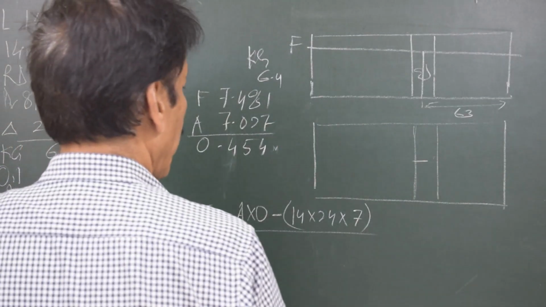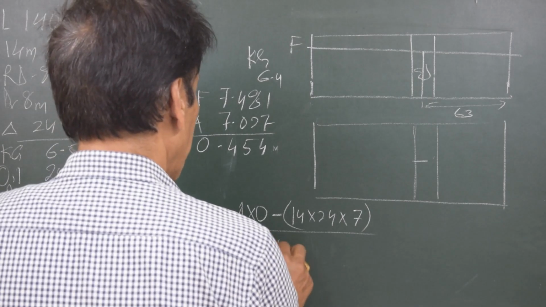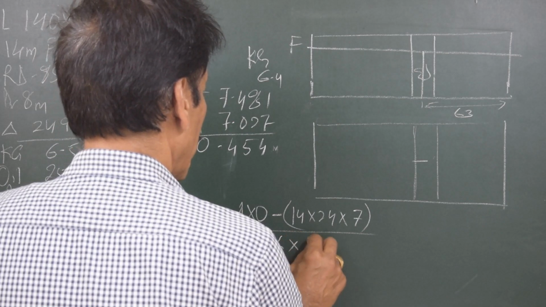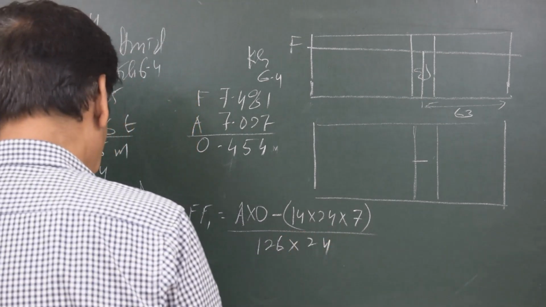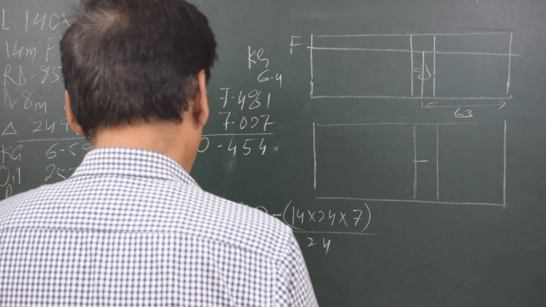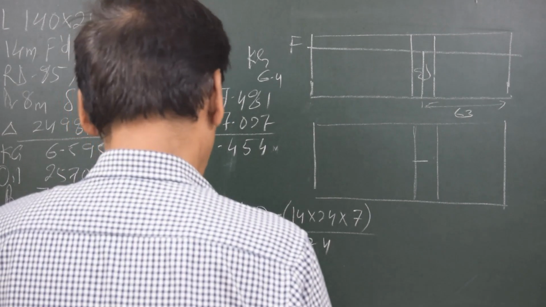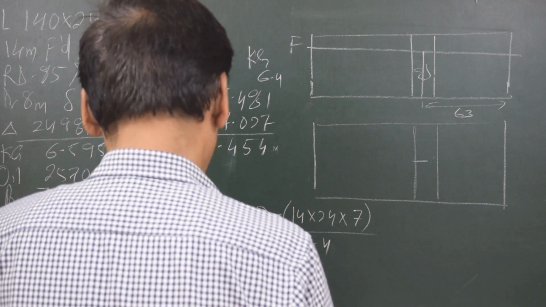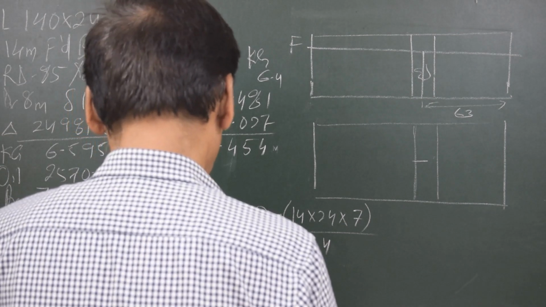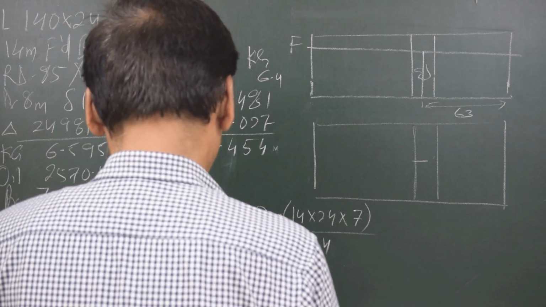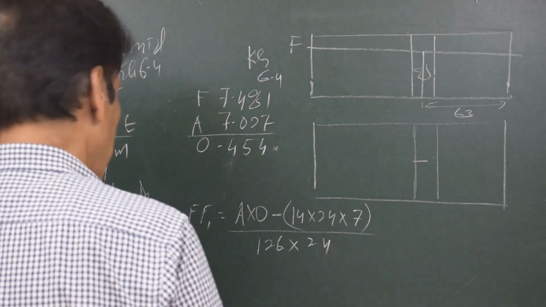Now intact water plane area is 126 into 24. We had seen this. Total area minus lost area. There is no permeability. So 14 into 24 into 7 divided by 126 into 24 gives me 0.777.